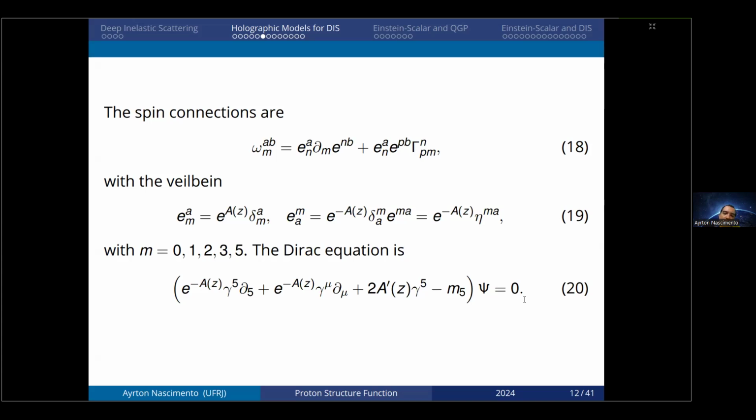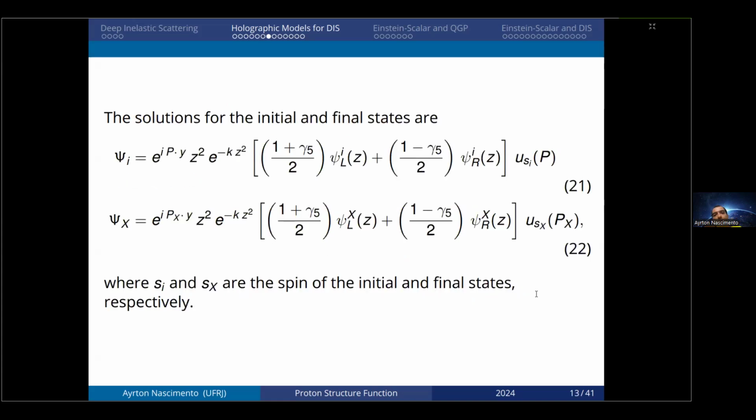So the equation you get is just this equation 20 over here, and you can make some other assumptions, which I'm going to explain later in detail. And what you will get are solutions like that, okay? So you have these solutions over here, in which we have the spinors, and you have these functions over here, which have left and right chiralities, right?